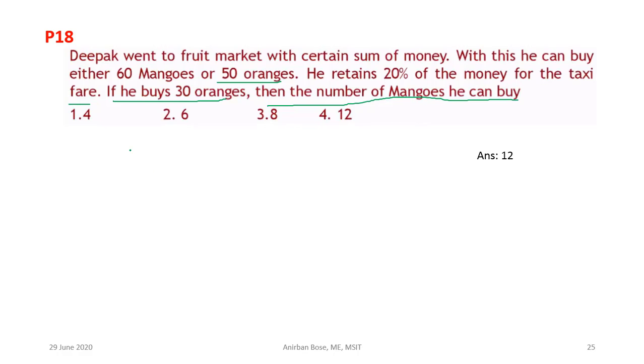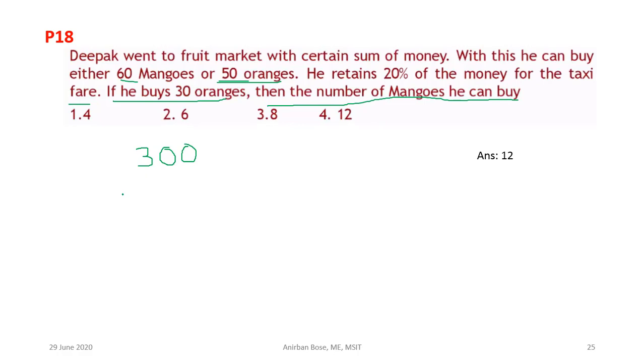Okay, so let us consider what the total money is. Instead of 100, let us consider the LCM of these two numbers. That will help you. Let us consider the total money he has got is rupees 300.